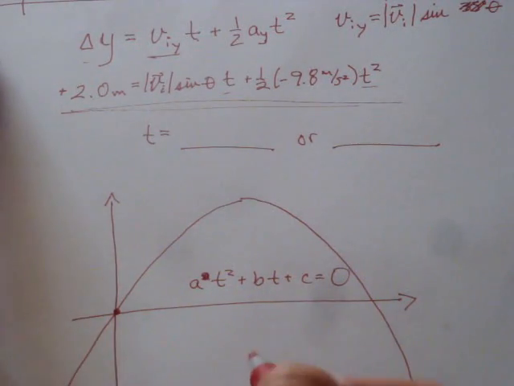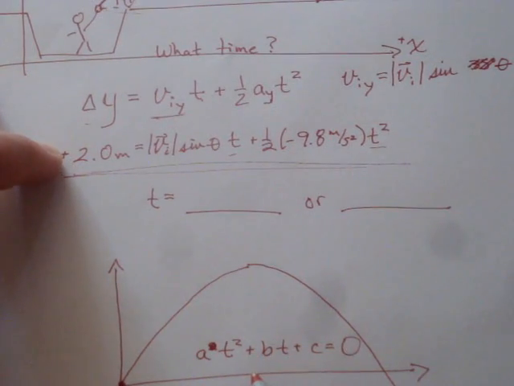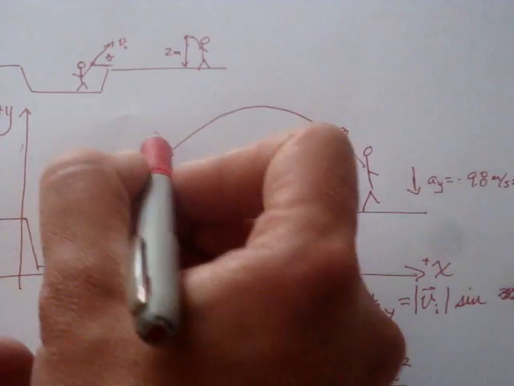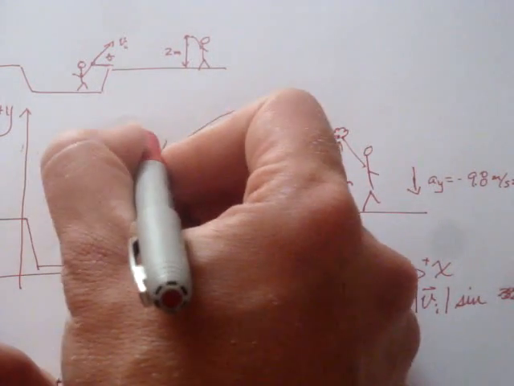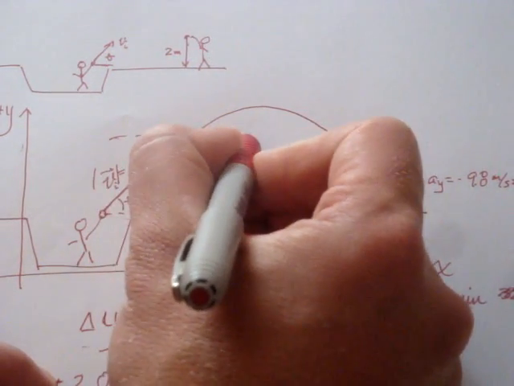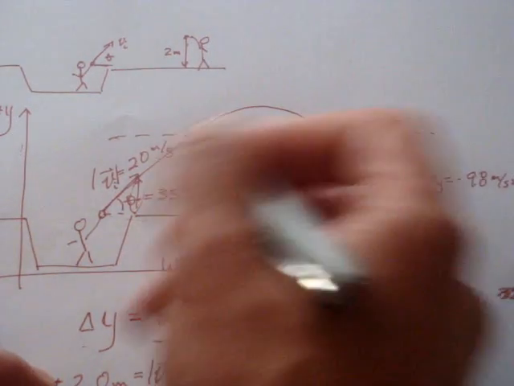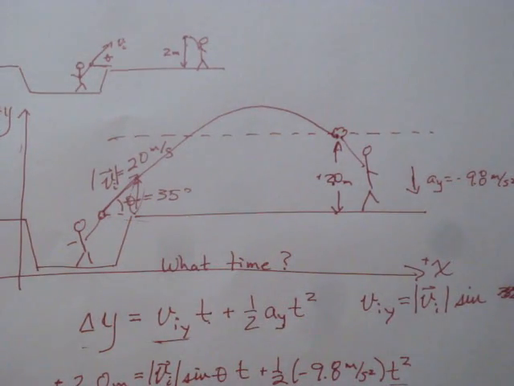So what we're asking of this particular equation, by solving for t, is the solutions that coincide with something really interesting. When in time does this ball meet the conditions of being at a displacement of 2 meters above the ground?